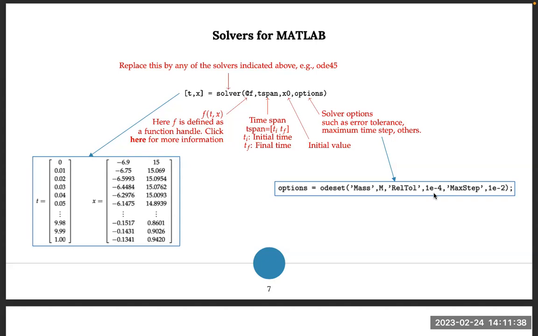matrix, mass M, is mostly used when you have not only differential equations. Have you ever heard of differential algebraic equations?